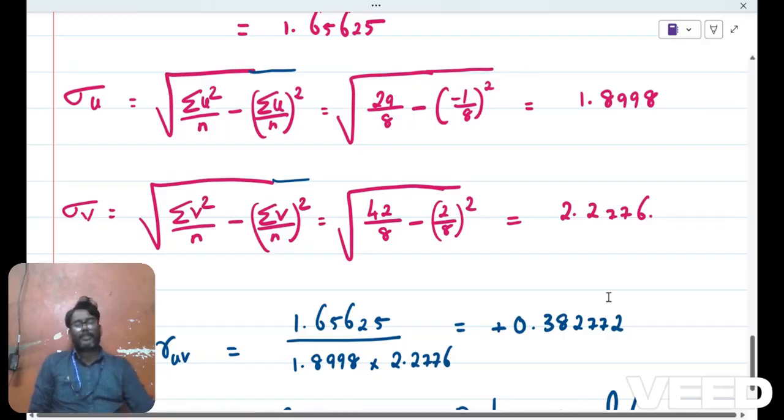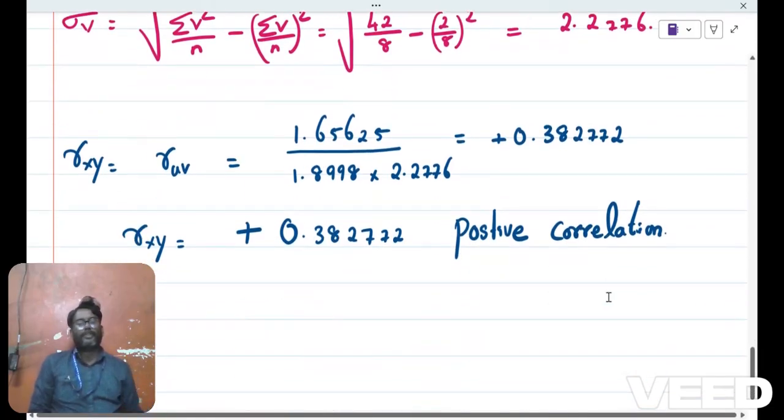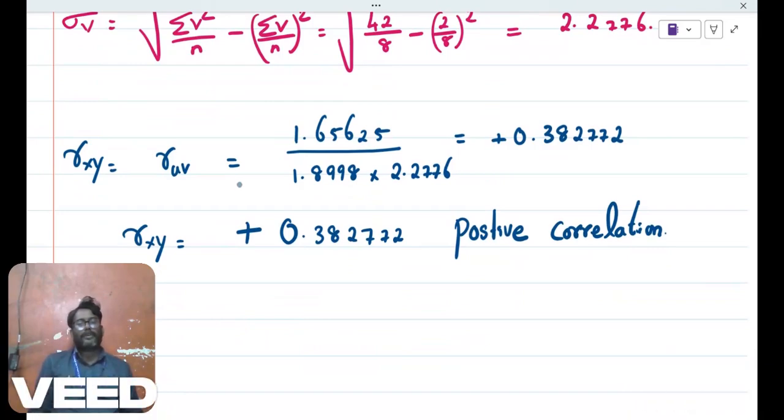Next we compute the correlation coefficient for UV, that is the covariance 1.65625 divided by the standard deviation of U, 1.8998, into the standard deviation of V, 2.2776. All are positive, so the final answer is plus 0.382772. So that is your R of xy, which is a positive correlation. Thank you.